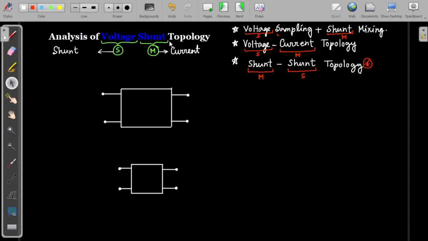So what is in mixing? Mixing is current mixing. If it is current mixing, then we have to connect it in a shunt connection. That's why shunt topology.